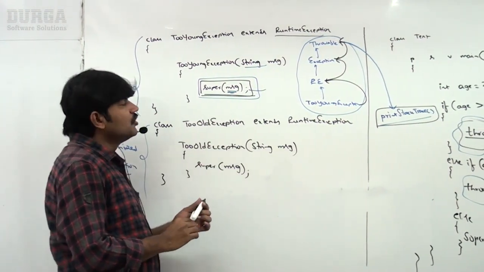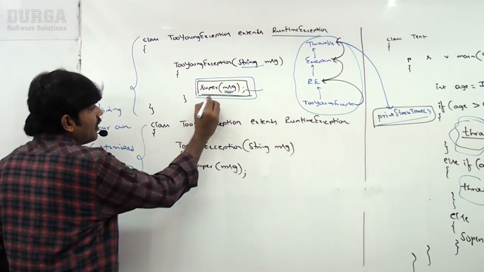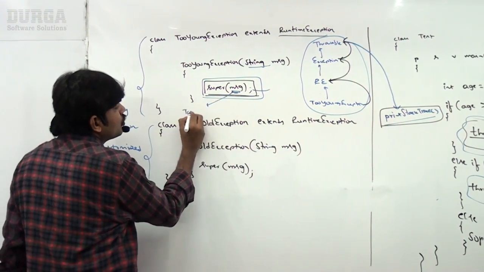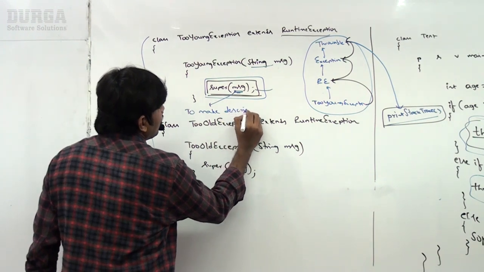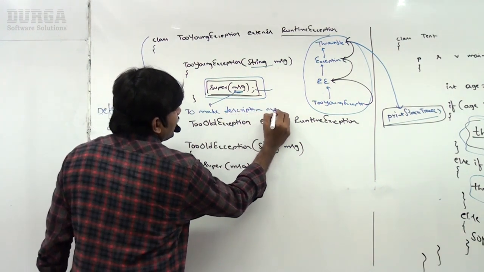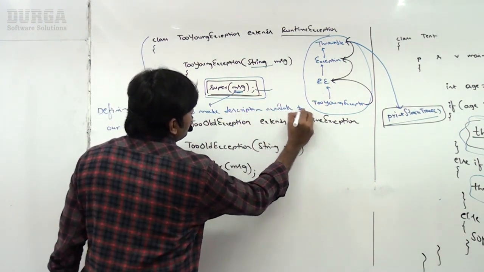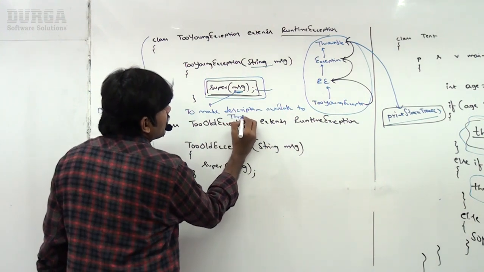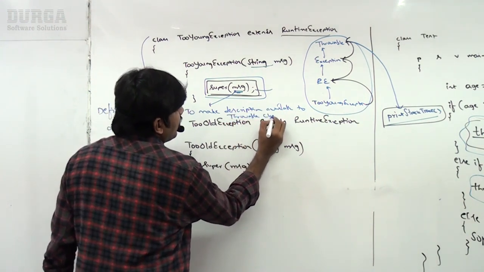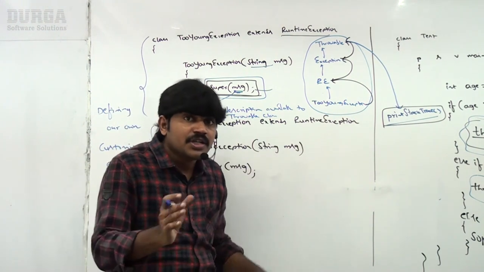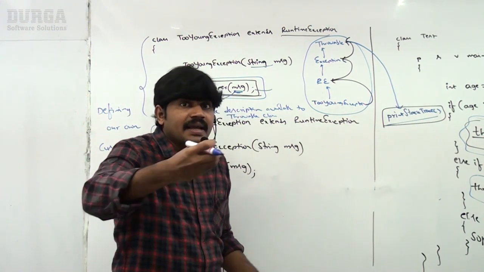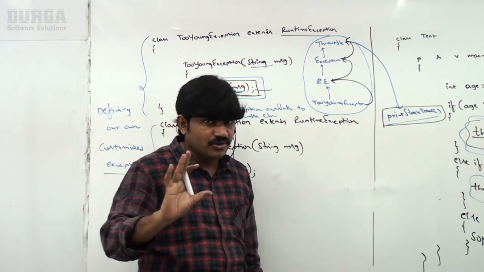Remember this one. Why are we taking this super? To make the description available to the Throwable class, so that from the Throwable class printStackTrace method, the default exception handler can get that description displayed to the console.